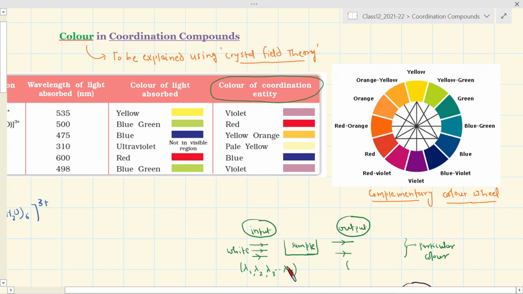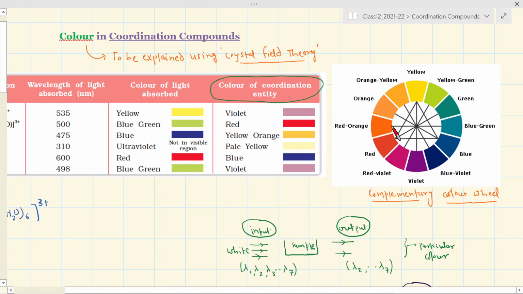I will be seeing the mixed impression of all the remaining wavelengths, from lambda 2 to lambda 7, and this is what is called the complementary color. This is what will be seen as the color of this particular sample. So what remains after absorption is the color of the complex compound or the sample in the water.